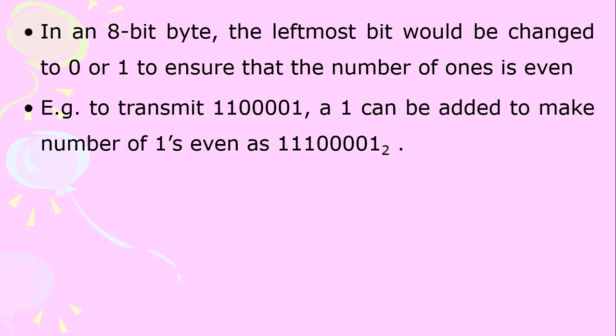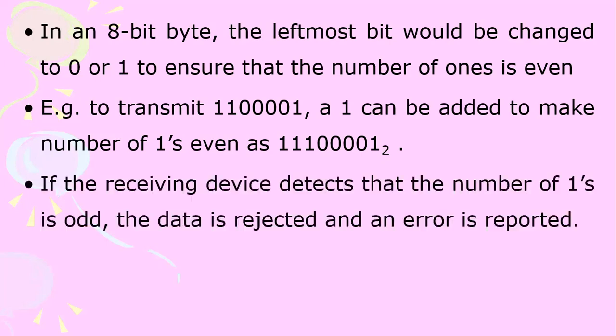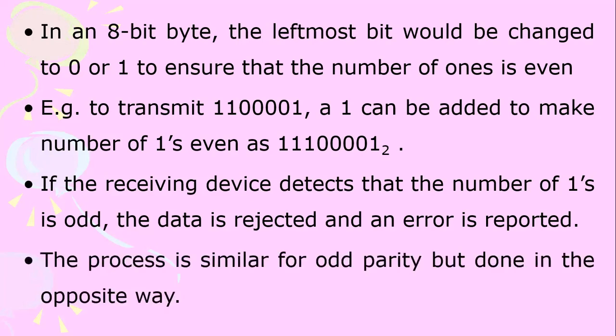So we add 1 as the first bit on the most significant side. If the receiving device detects that the number of ones is odd, the data is rejected and an error is reported. The process is similar for odd parity, but done in the opposite way.